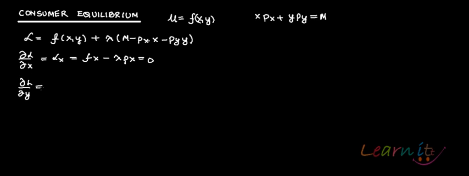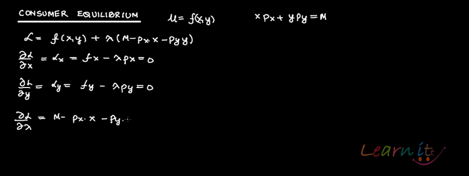Del L by del y, say Ly, is fy minus lambda py equals 0, and del L by del lambda is m minus px x minus py y equals 0. So this is equation 1, 2 and 3.